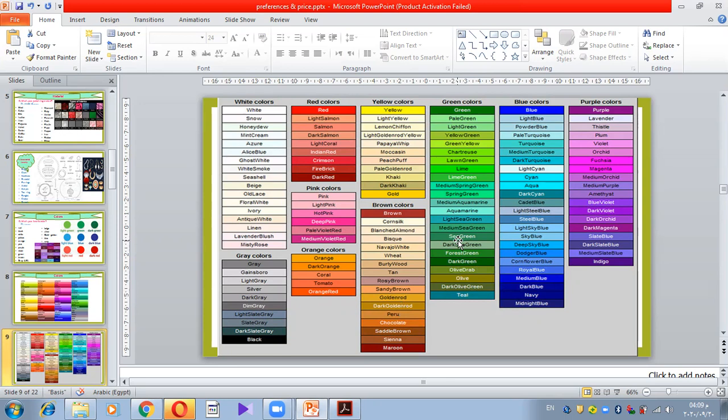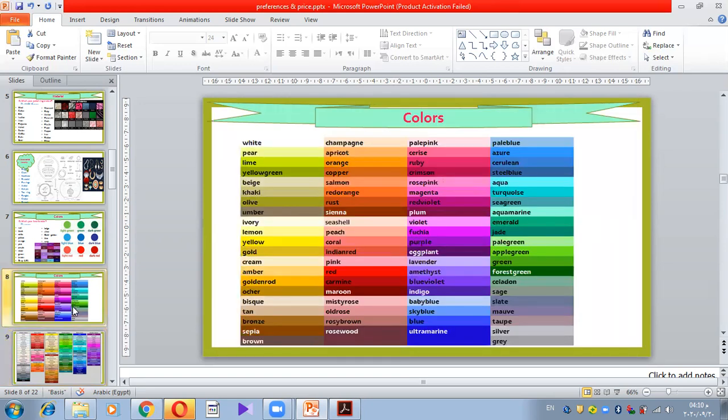So you start to know the colors whenever you buy or whenever you see a color that you like. But don't just sit and try to memorize all of them because maybe it's not easy. Fuchsia, for example, aqua. You are going to find so many different colors. So whenever you see a new color or you buy something and you don't know what color it is, just search for the new word and try to learn it. In that way, you are going to learn most of these colors. Otherwise, it's going to be difficult.